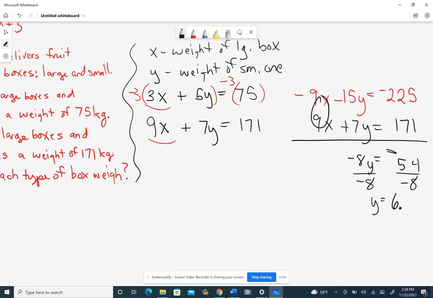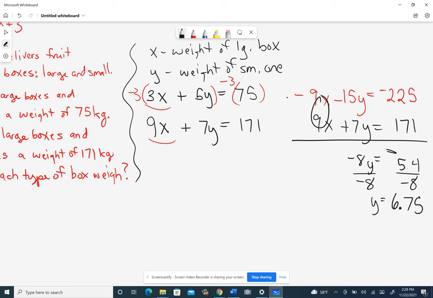And grab a calculator real quick. 54 divided by 8. Keep entering it wrong. 54 divided by 8 turns out to be 6.75. So that didn't keep going forever. So I'm just going to leave it at 6.75.